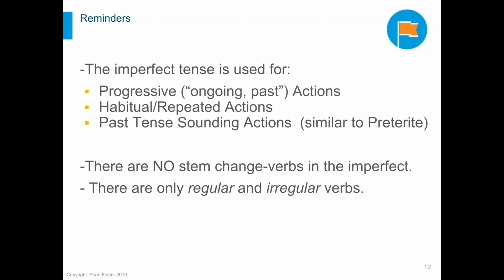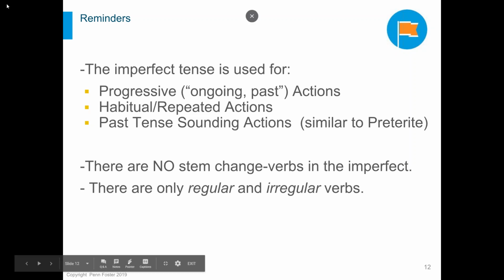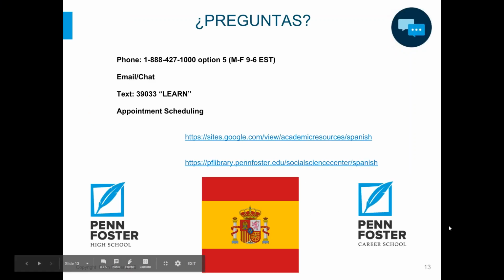And as I've said a few times, no stem changes occur in the imperfect, simply regular or irregular verbs. So it's really one of the shorter, more simple tenses, not a whole lot involved with it, but it is important as you move forward in your program.